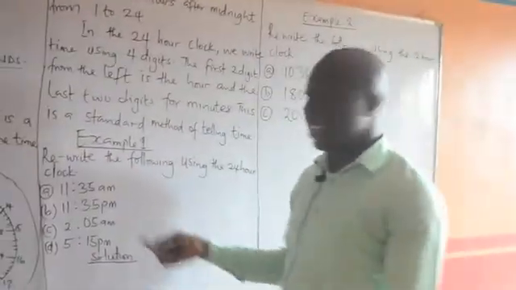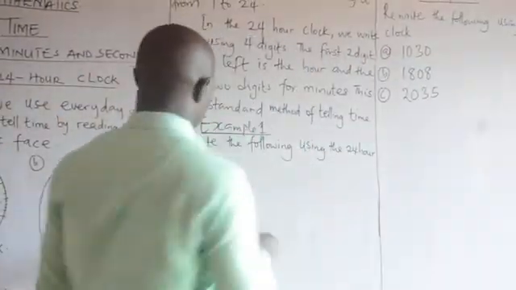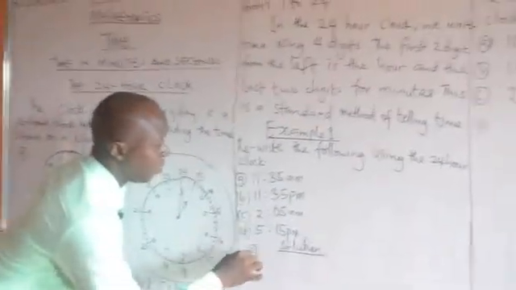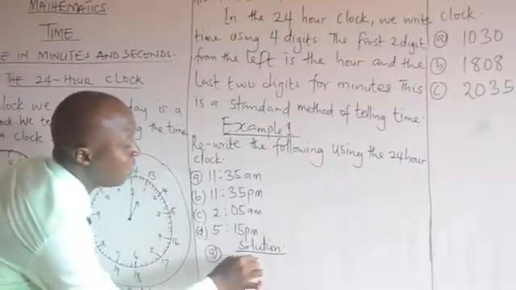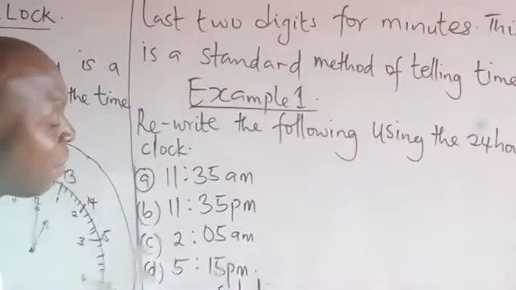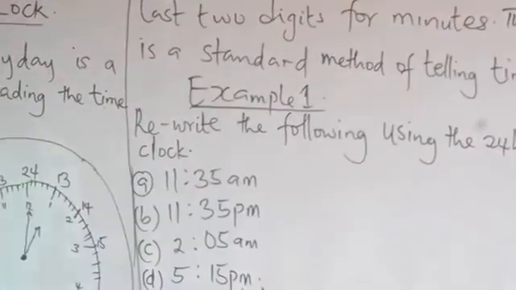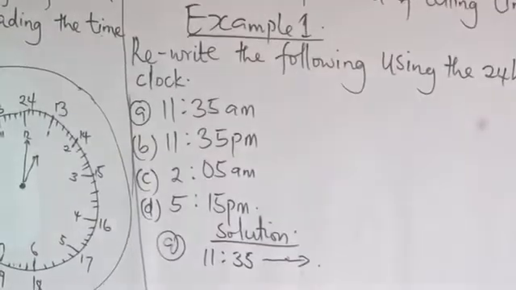We have 11:35 a.m. We want to write 11:35 a.m. in 24-hour clock. A.m. simply means ante meridian, so we are still in the morning.